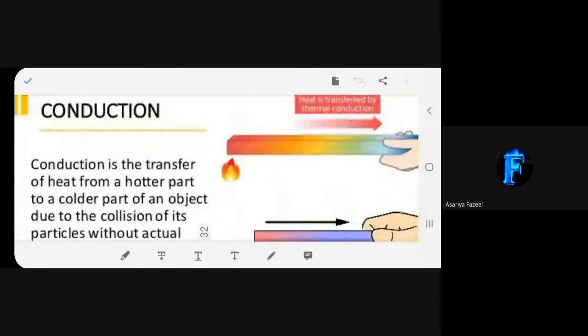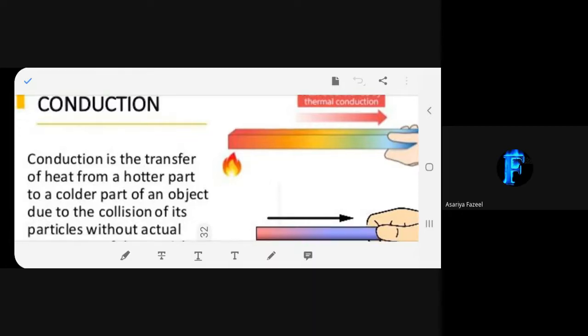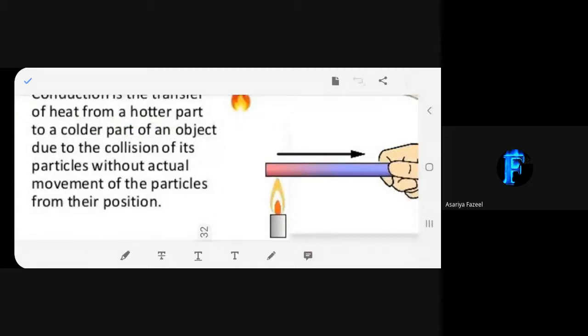Read, and please read properly. Is it coolest part or colder part? Why don't you read the words properly?